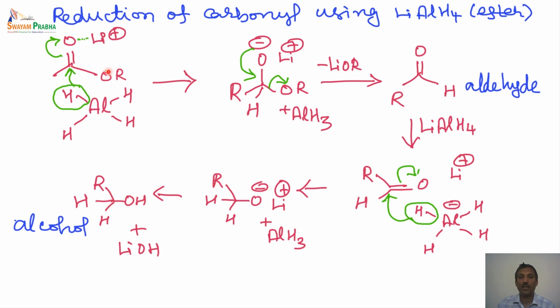This can be considered a two-step procedure, but of course we do not isolate the aldehyde in this reaction. When we run the reaction, we start with the ester and directly end up with the corresponding alcohol. The aldehyde intermediate is not generally isolated.